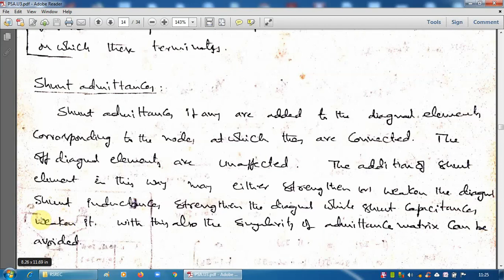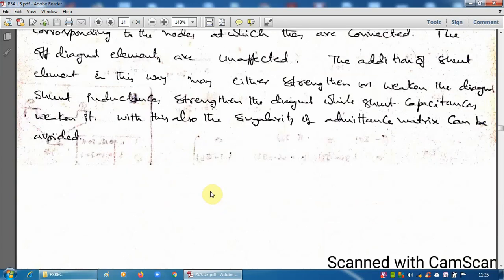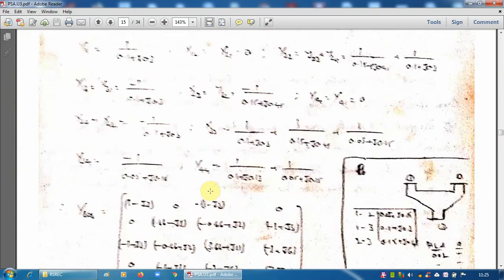If such capacitors or inductors are there, that data is also to be taken into consideration in construction of Y bus. That is given here. It is another problem, same thing.